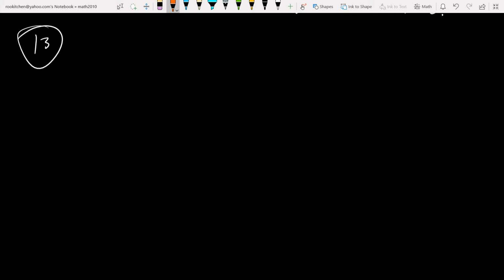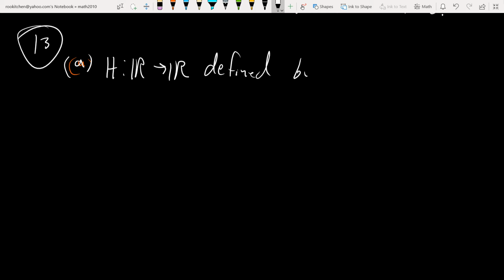So this is number 13. They give us this function h from the real numbers to the real numbers, defined by big H of x equals x squared. So it's a parabola.